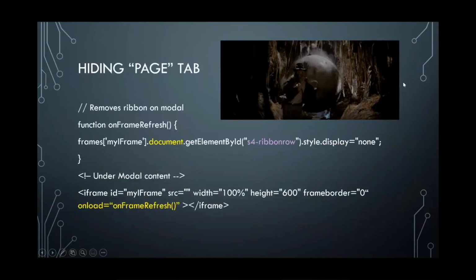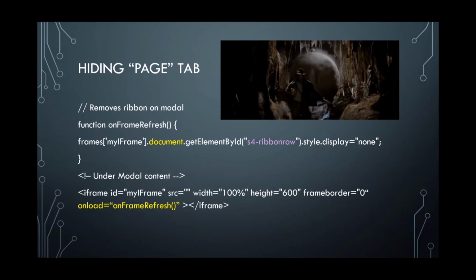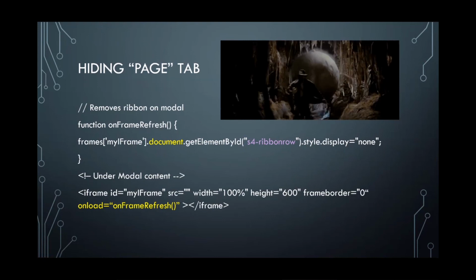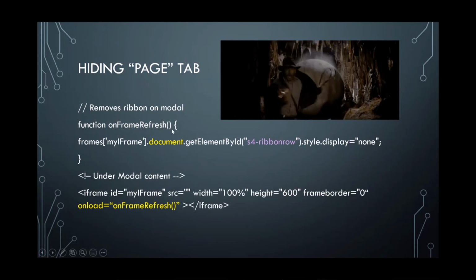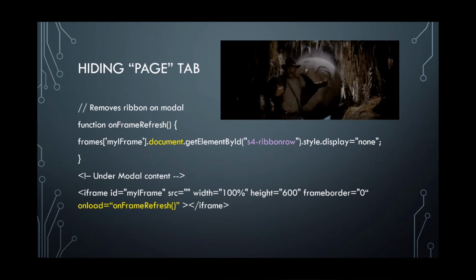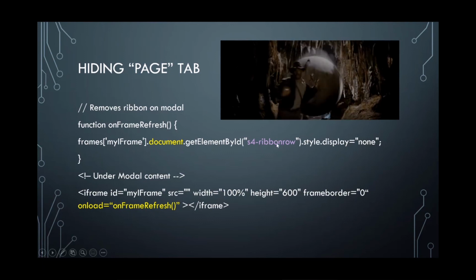The next part, hiding that pesky page tab, requires some more code. This was a little more difficult to get into. I created some more JavaScript functions. First was onFrameRefresh. This looks at the iframe that I created that actually creates the pop-up modal, and specifically it's looking at the s4-ribbonrow.